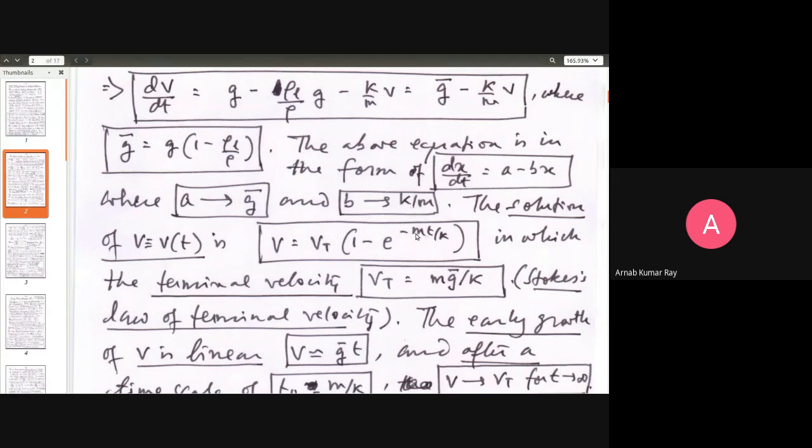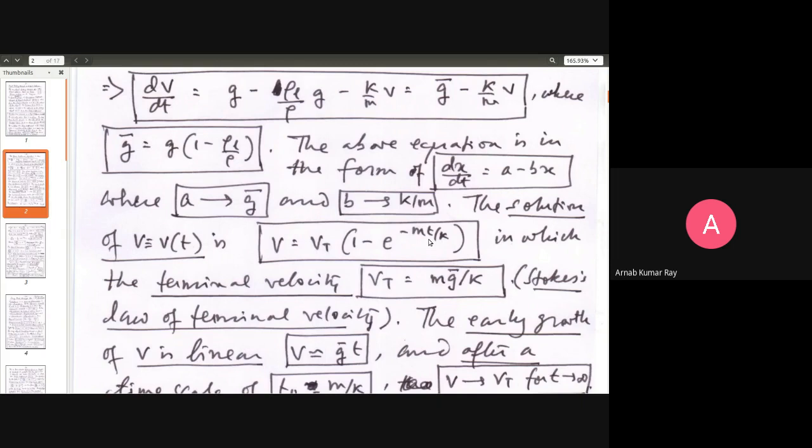But b is k by m, so by mistake I wrote m by k. It is corrected in the sheet of corrected formulae, so you can just check that. So this statement here should be k by m, not m by k. In the correction sheet, you will find that correction mentioned.